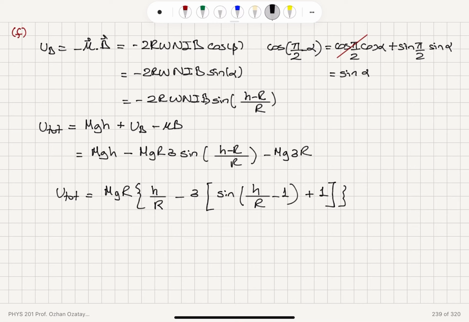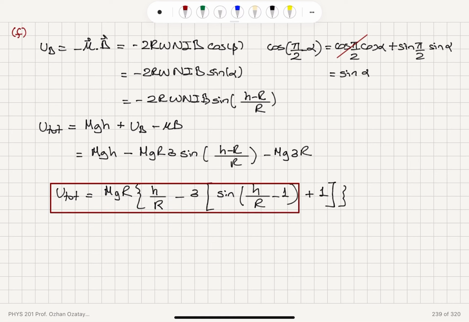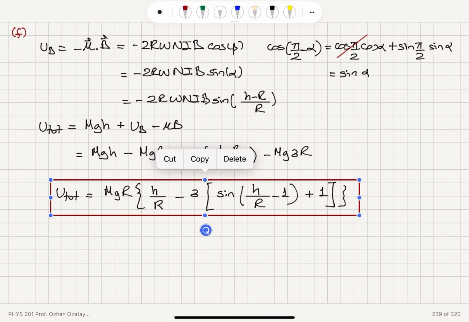So you can see here it is mg sigma r, that's this one, minus mg sigma r sine, that's this term, and mgh is the first term. So that's my total potential energy, which is valid for h between r and h top. That's the potential energy.